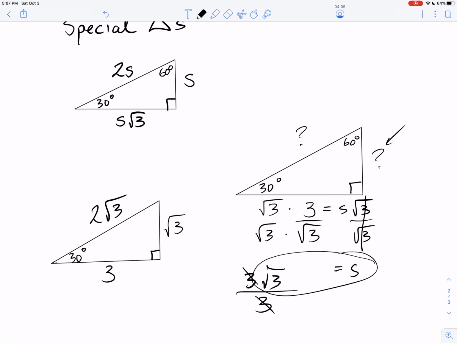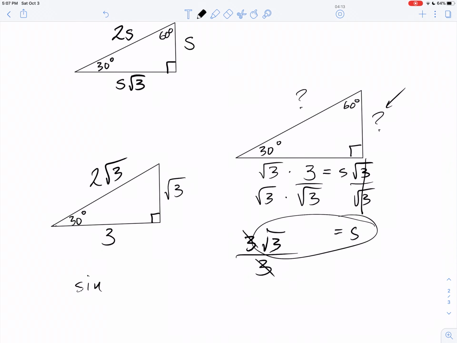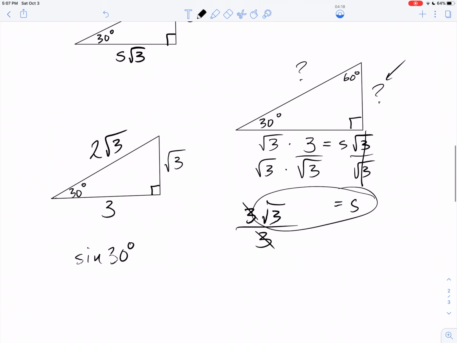In trigonometry, they're going to say, hey, could you find the sine of that 30-degree angle? Sure I could now, because I have the opposite over the hypotenuse. I could totally find the sine of that 30-degree angle.